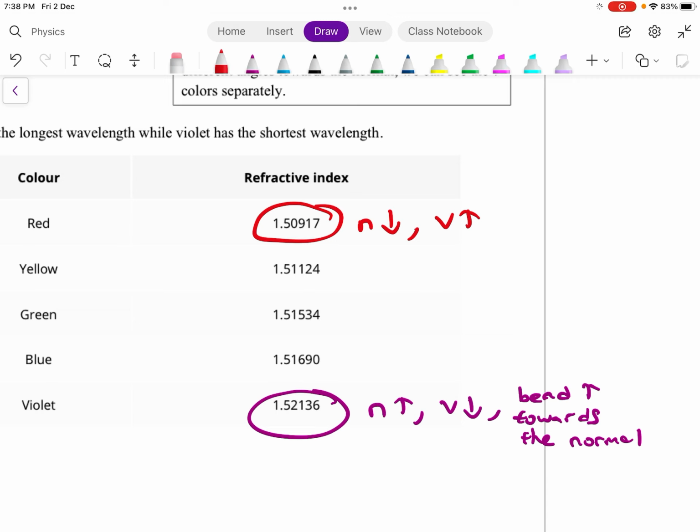Okay, for red light, it bends less towards the normal. So that's the idea of the bending or the dispersion of your white light in the glass prism.